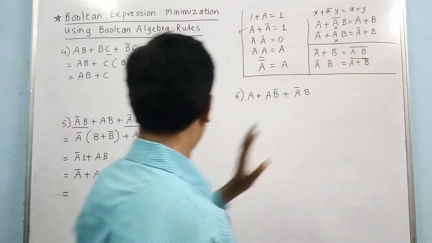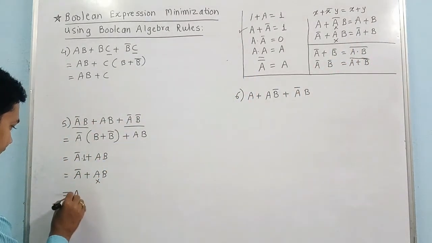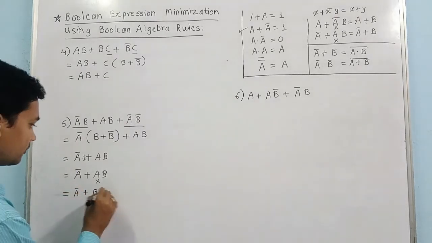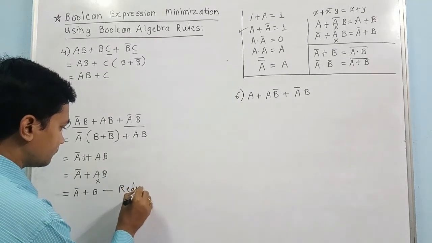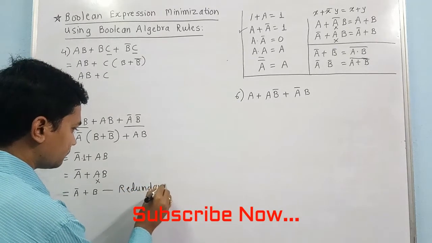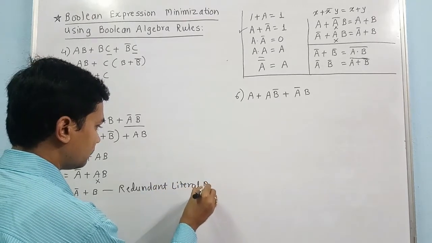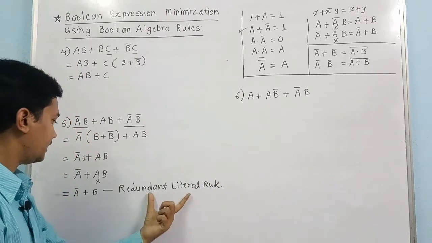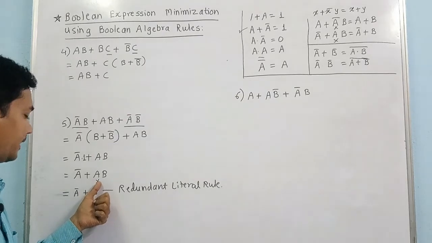Okay, so here we can reduce this term by discarding a, as a bar plus b. Okay, so this is also called the redundant literal rule, where we discard that multiplied variable.